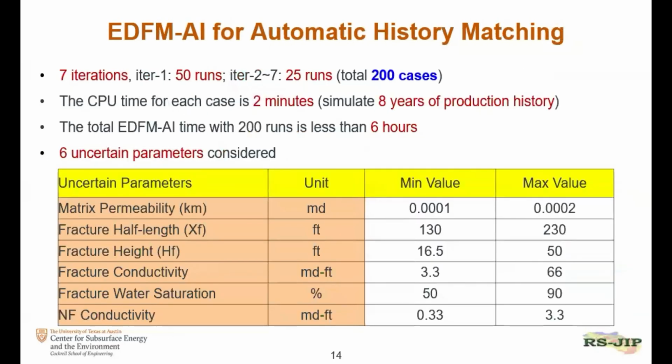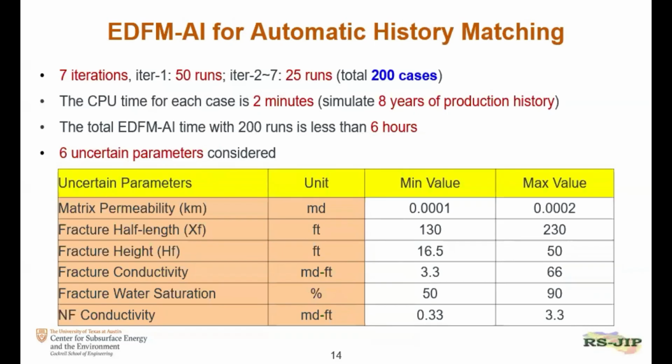Then we directly integrate these fracture geometries into the reservoir simulation calibration. So here we actually run more iterations, 7 iterations in total, and we run 50 runs for the initial iteration and 25 runs for all the other iterations, so 200 cases of reservoir simulation.